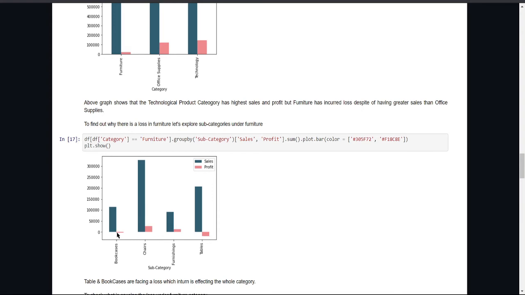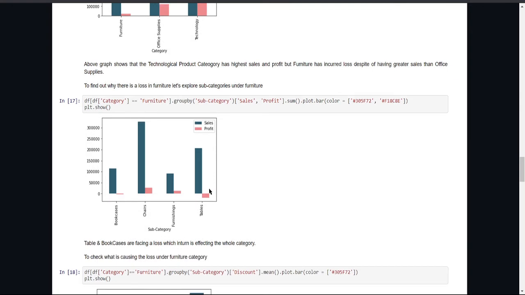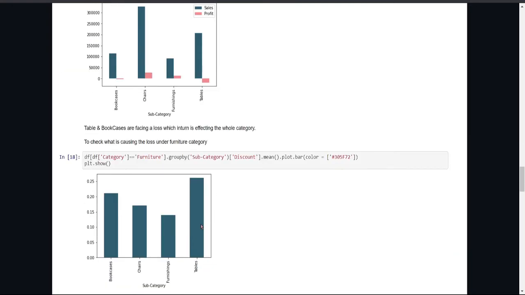Both of them have gone into losses. Further investigating, you can see that tables and bookcases have given the most discounts compared to the other two subcategories. Tables have given more than an average discount. The bookcases have given 20% discount.